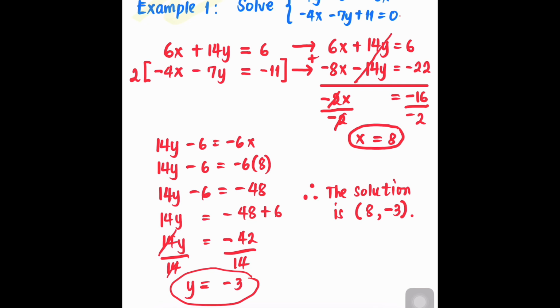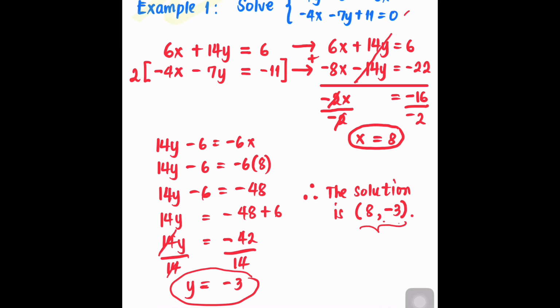So first one is graphing. So if you graph the first equation and the second equation, the graph must show you that they will meet at this point, (8, negative 3), which is in quadrant 4.